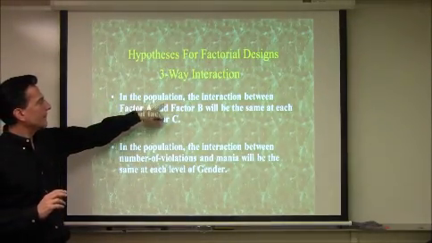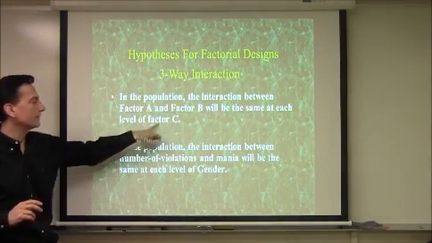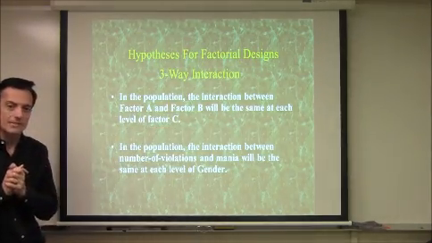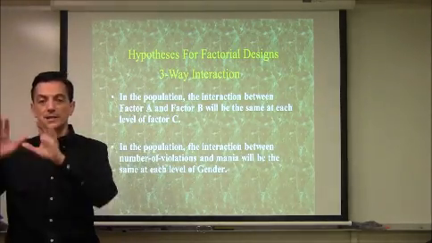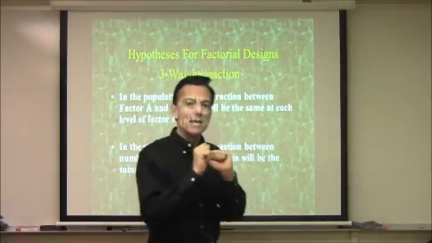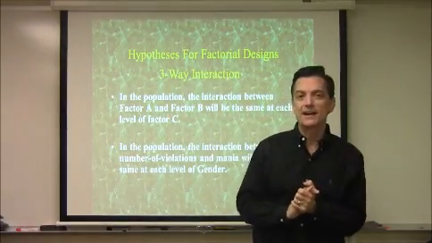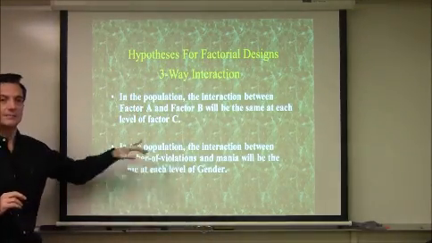In the population, the interaction between factor A and factor B will be the same at each level of factor C. Okay, so now we have 3 factors, A, B, and C, and we're looking at the A by B interaction at the first level of factor C. We'll hold on to that just for a moment, and then we'll look at the A-B interaction at the second level of factor C.